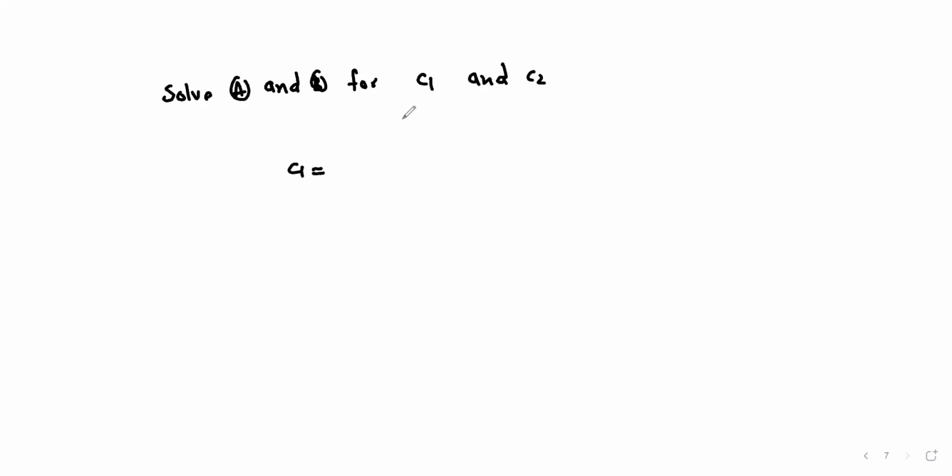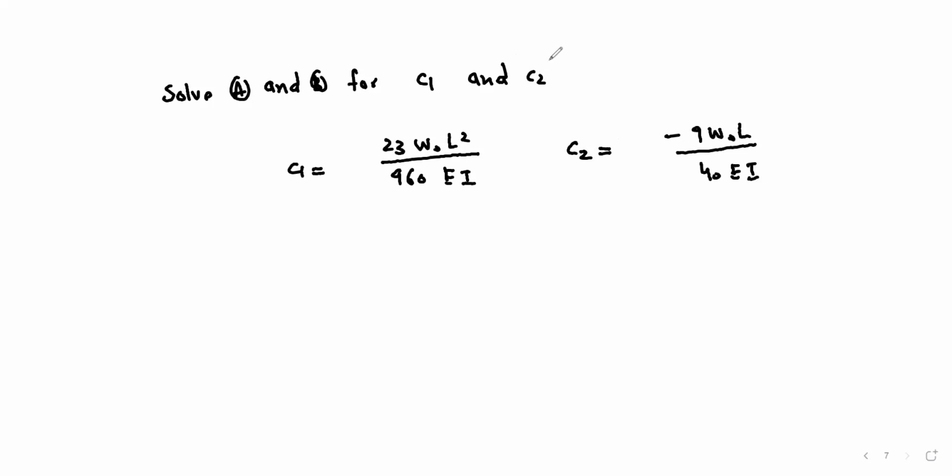We get C1 is equal to 23 W naught L square over 960 EI, and we get C2 is equal to minus 9 W naught L over 40 EI. So we will use C1 and C2 value in the final solution. We get y of x is equal to C1 23 W naught L square over 960 EI x square.